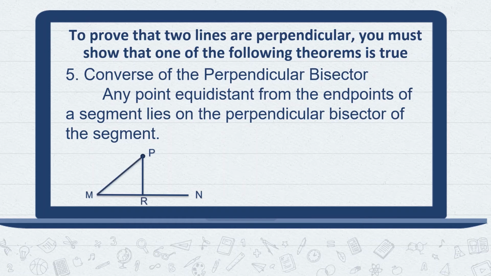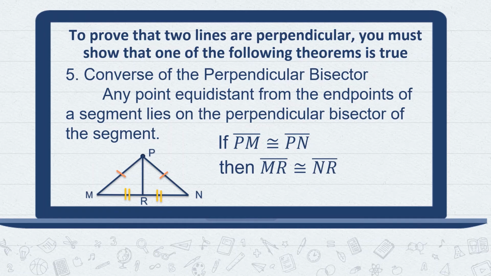If P has the same distance from point M and point N, in other words, if PM is congruent to PN, then we can conclude that segment MR is congruent to segment NR.